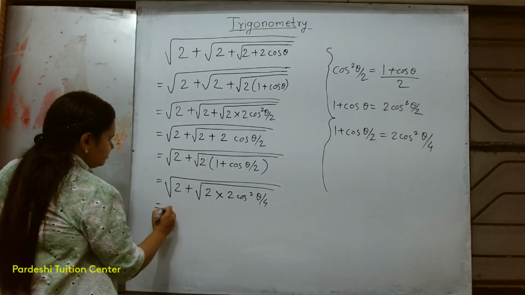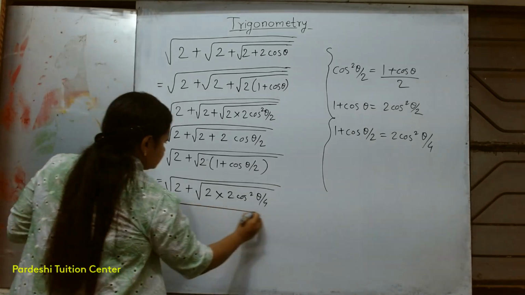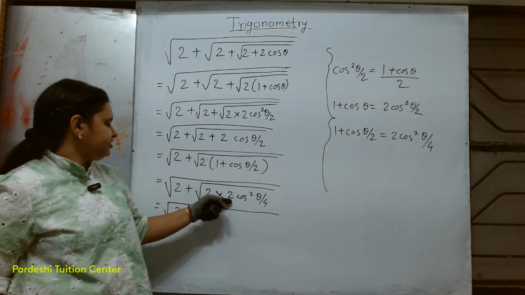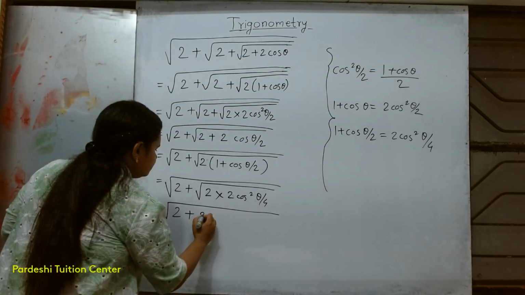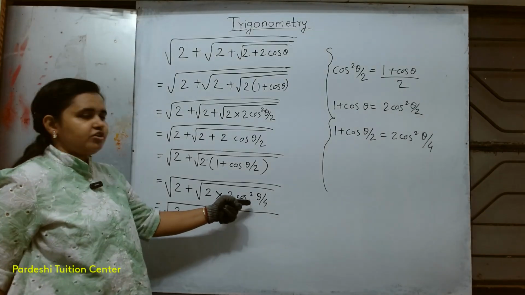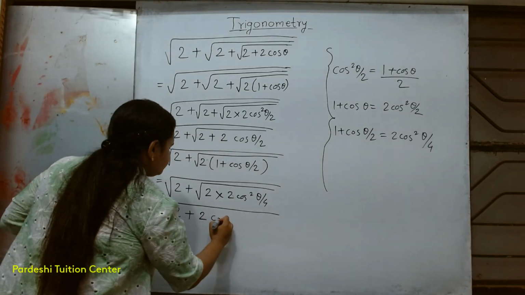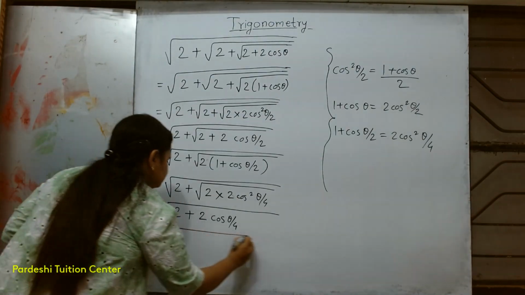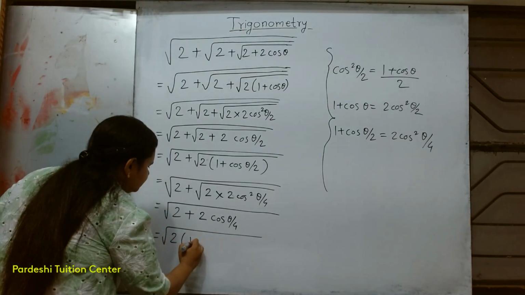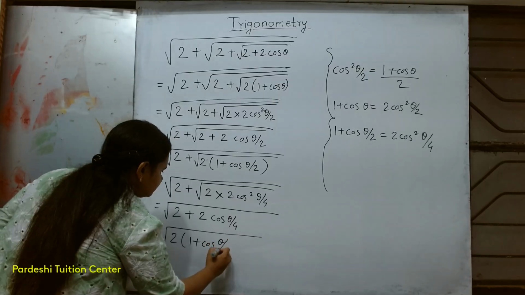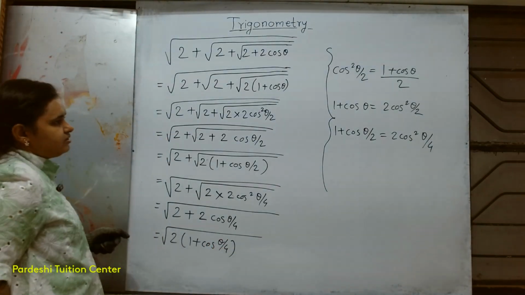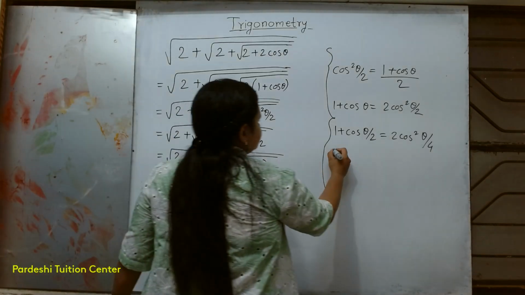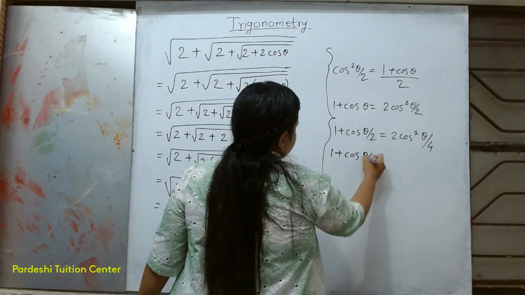Now again, under root of 2 plus, 2 into 2 is 4. The square root of 4 is 2, and the square root of cos square theta by 4 is cos theta by 4. Again I have taken 2 common, 1 plus cos theta by 4. Now we have to calculate 1 plus cos theta by 4.